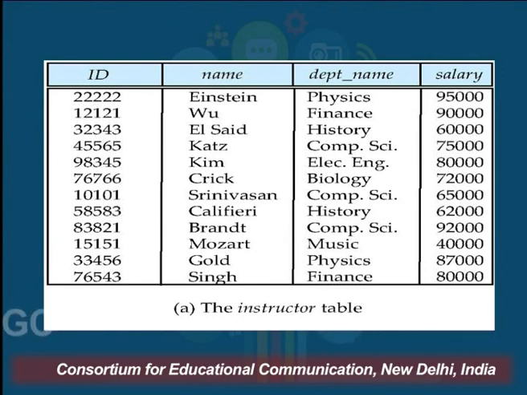This particular information about an instructor is named a record, and here the table has 4 columns, while there are various records containing information about the instructors.